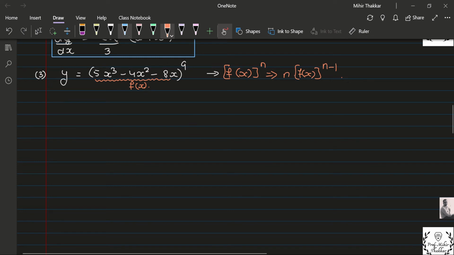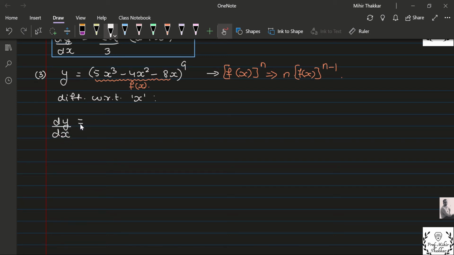So when I want to find the derivative, you know that we have to write over here differentiating with respect to x. So derivative of y is dy by dx, and over here this will become n is 9, so 9 into f(x) raised to n minus 1. So I get 5x cube minus 4x square minus 8x and whole power 9 minus 1, which is 8.